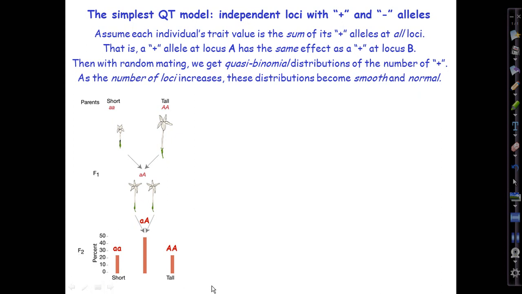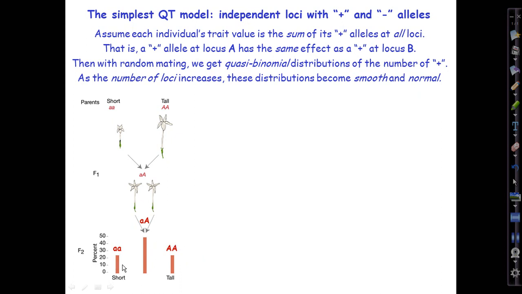In this cartoon example, if the flower height is controlled genetically by just two alleles, plus, which is big A, and minus, which is little a in this notation, then there's one locus doing all the work. These are heterozygous at that one locus, and then we get 1 to 2 to 1, the usual Mendelian ratio in the F2s.